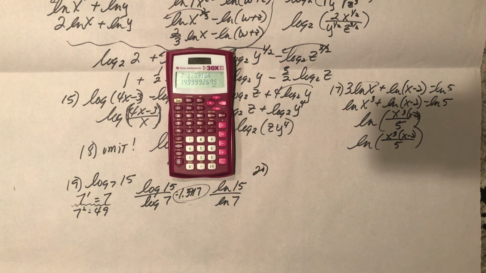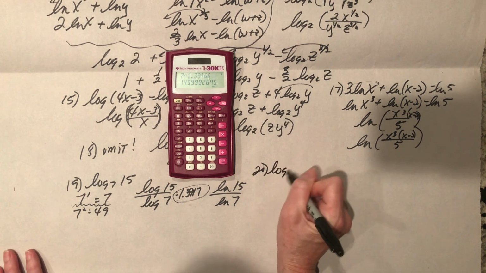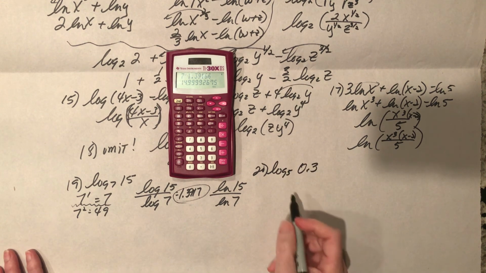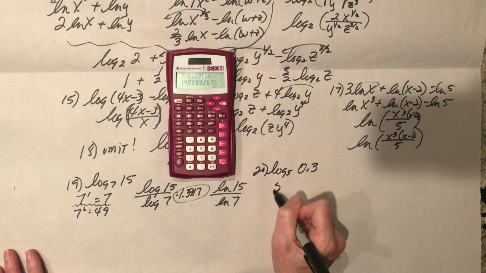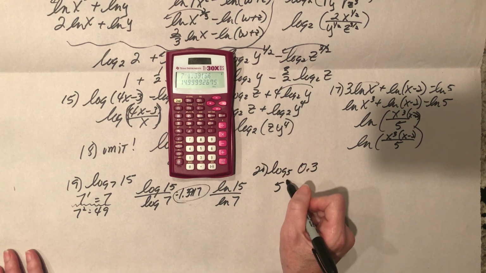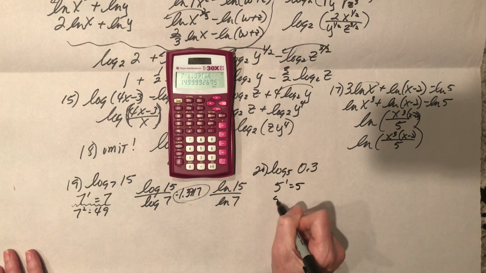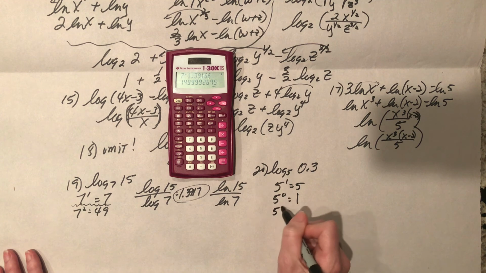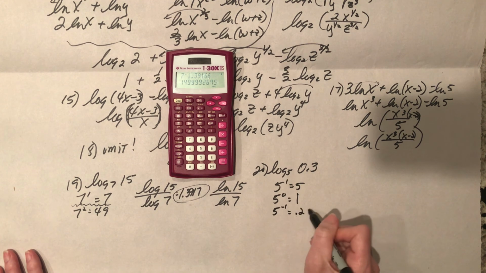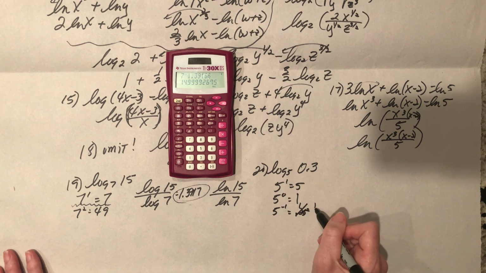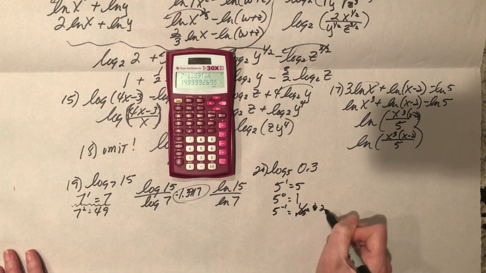Number 20 is asking you to find the log base 5 of 0.3. Okay, so we want to raise 5 to some power to make it be 0.3. 5 to the first power, that's too much. 5 to the 0 power is a 1, we're getting there. 5 to the negative 1 is 1 over 5, which is 0.2.